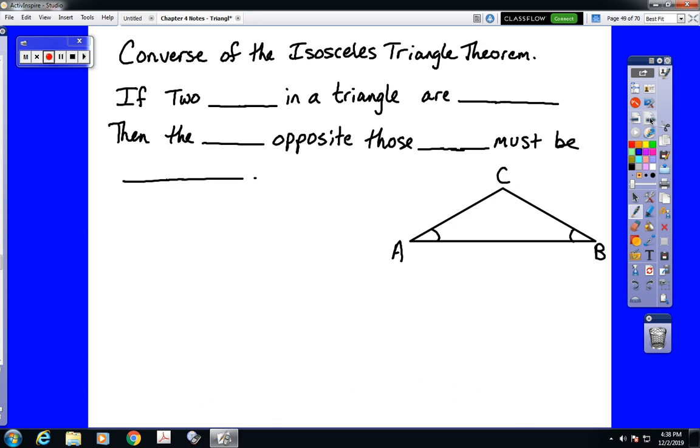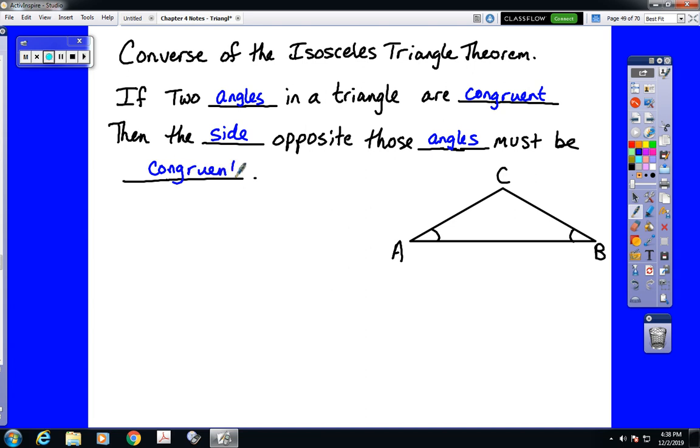Okay, the converse of that theorem is also true. That is that if there are two angles in a triangle that are congruent, then the side lengths, the sides opposite those angles, must be congruent as well.